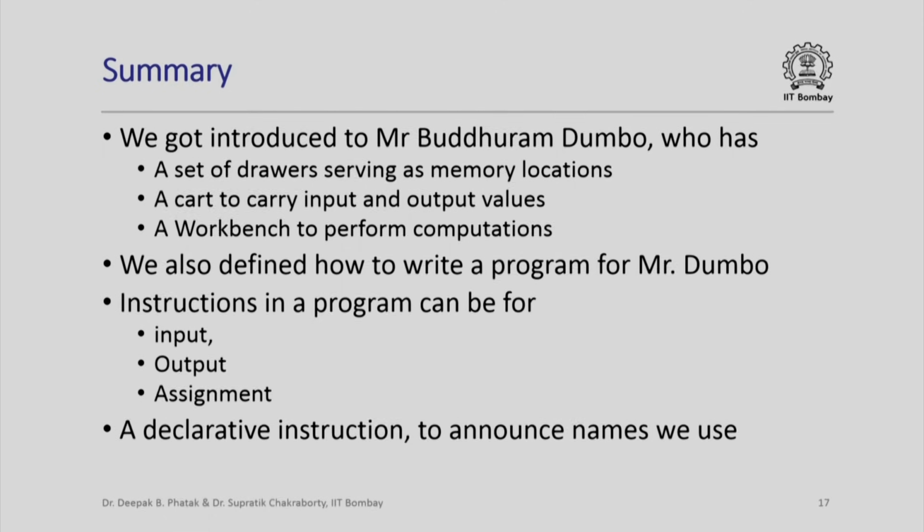We have also defined how to write a program for Mr. Dumbo. Our program will consist of instructions. There are instructions that we have designed for Mr. Dumbo to collect an input value from us, to give us an output value, and more importantly to also do some computations and determine a new result value which Dumbo can assign to the named location.